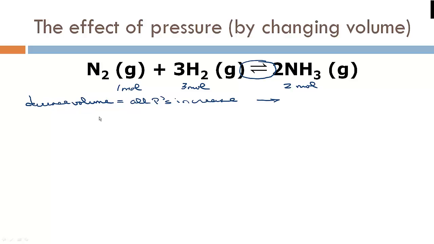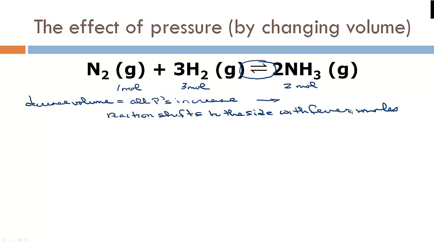So decreasing volume, the reaction shifts to the side with fewer moles. In this case, that means shifting to the right. But it could have very easily been a shift to the left if the reaction had been different.